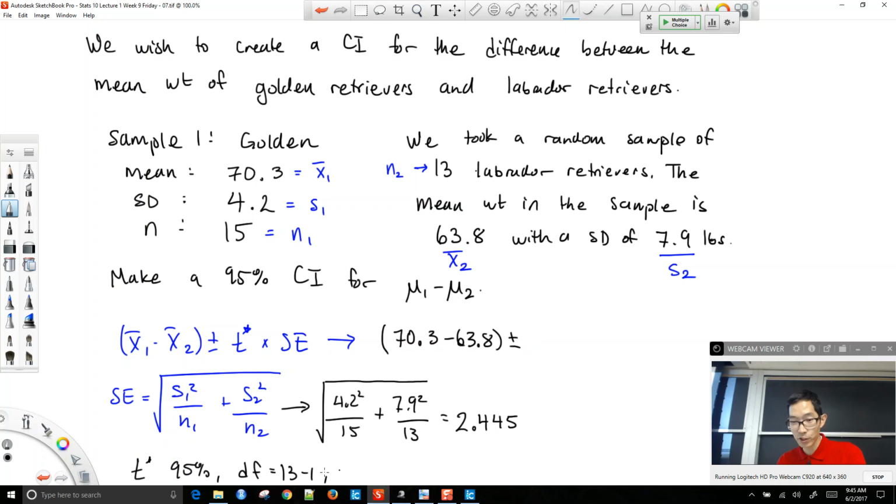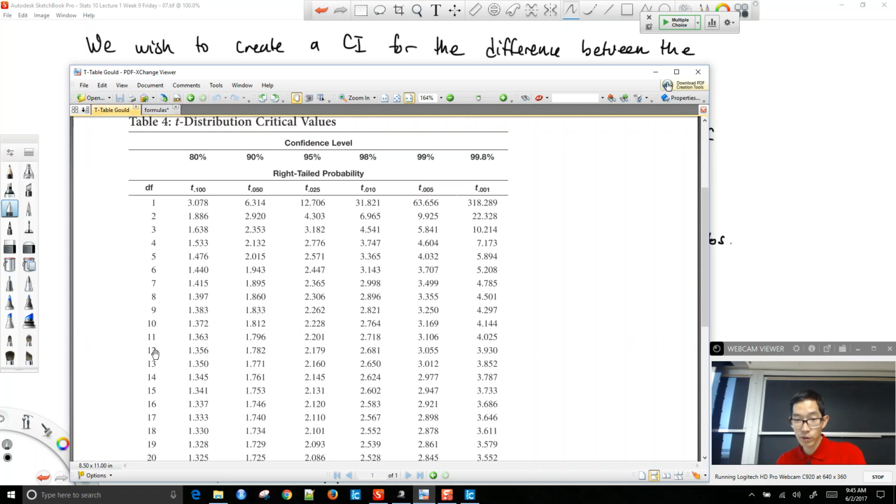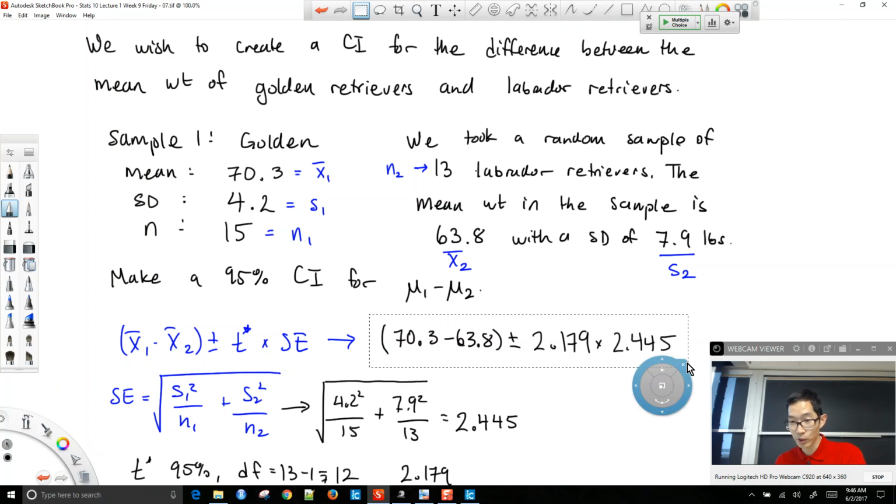That's 13, so I've got 12 degrees of freedom. So t star, 12 degrees of freedom, 95%, is 2.179. Okay, so I have 70.3 minus 63.8 plus or minus 2.179 times 2.445. I've run out of space on this slide, so I'll copy this over.